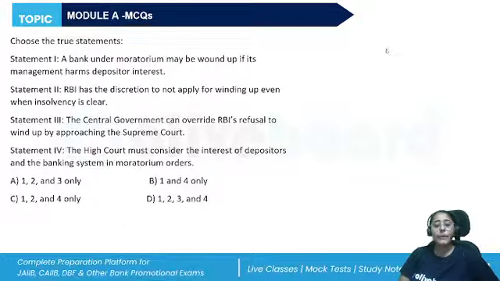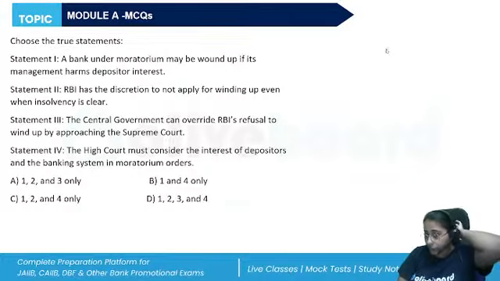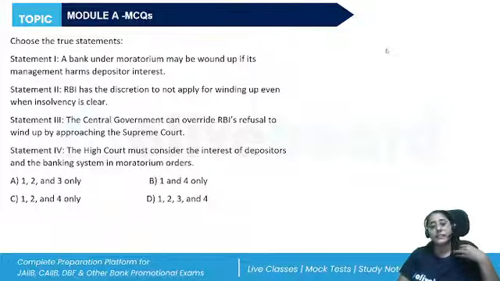The central government can override RBI's refusal to wind up by approaching the Supreme Court. The High Court must consider the interest of the depositors and the banking system in the moratorium orders. So, regarding the winding up, what powers are there with RBI? What powers are there with the High Court or the central government?